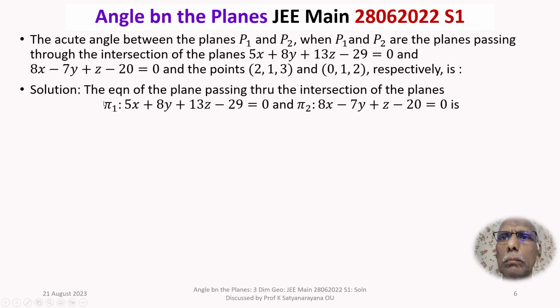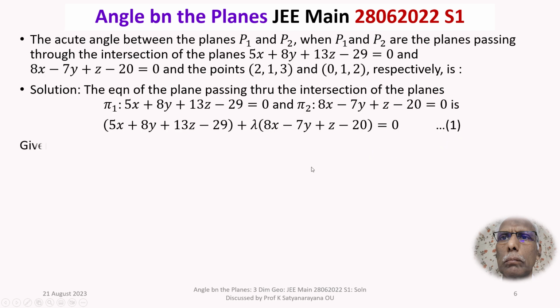In our case, pi 1 is 5x + 8y + 13z - 29 = 0 and pi 2 is 8x - 7y + z - 20 = 0, so the plane is pi 1 + lambda times pi 2. Let's call this equation 1.